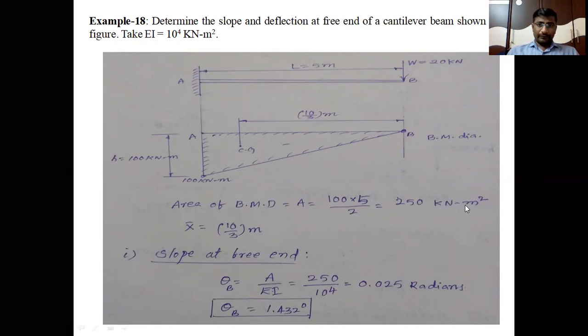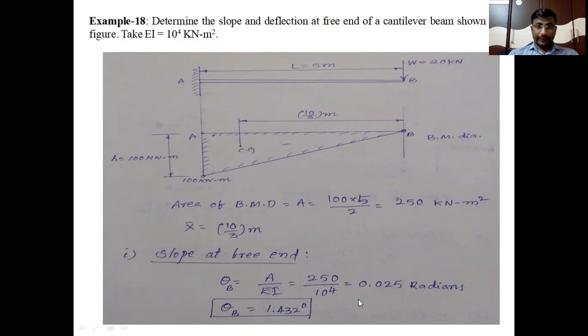Area is 250 kilonewton meter square, and EI value is 10 to the power of 4 kilonewton meter square, which is given in the problem. Therefore, we will get 0.025 radians. If you convert the radians into degrees, we will get theta B equal to 1.432 degrees.